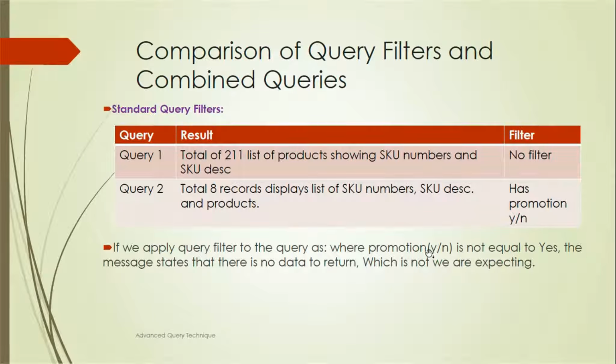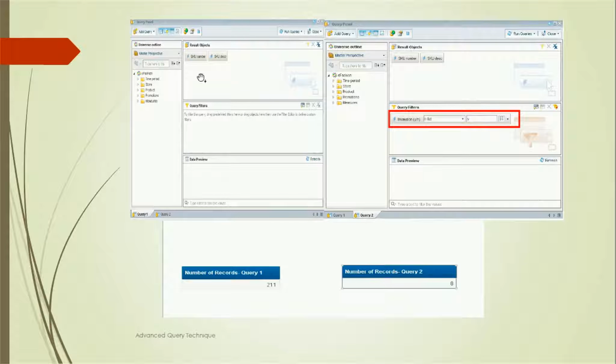Okay, let's see how standard queries look. In standard queries, query one is on this tab and query two is on another tab. The SKU number and SKU description in the first query is just all data without any filter. The second query has a SKU number and SKU description in the result objects, and in the query filters it has promotion in list or equal to Y. That means if there is a promotion, it will return the data.